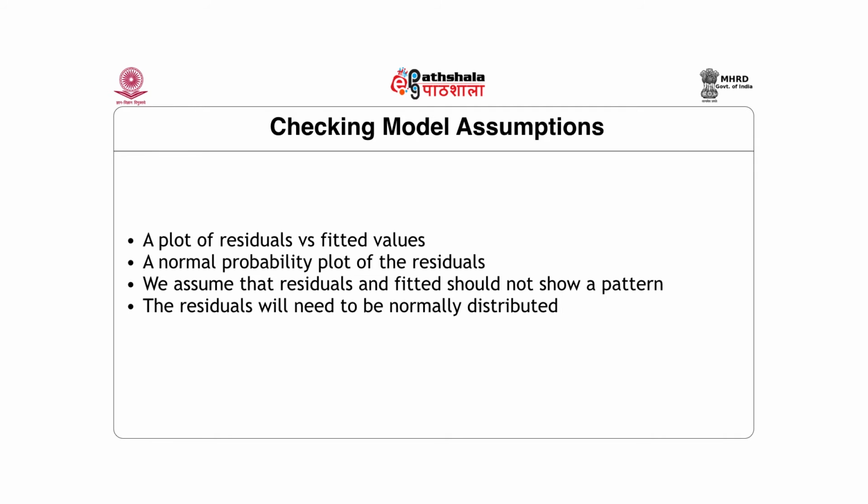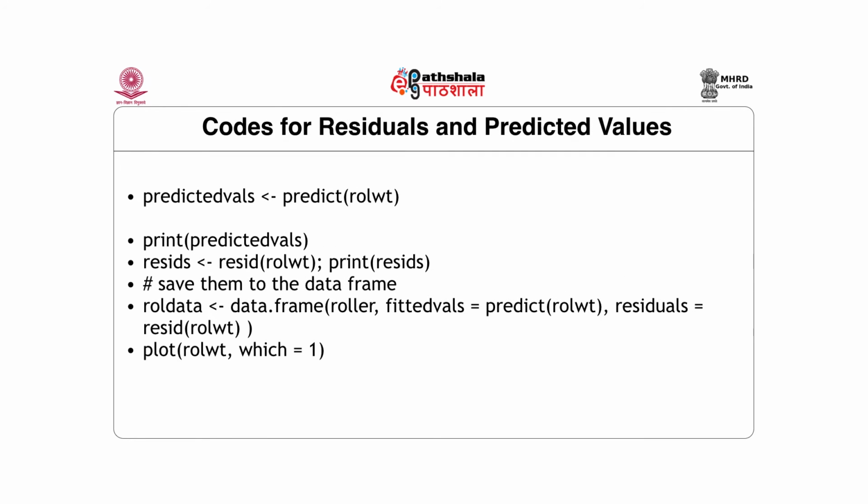So we are going to put some code for residuals and predicted values. The function that we use for that is predict, and then you open and close the parenthesis, and within the parenthesis you type the object of the linear model. Remember, when we started working on this, we actually wrote the code in the Wilkinson-Rogers formula of a linear model and stored that into an object called role WT.